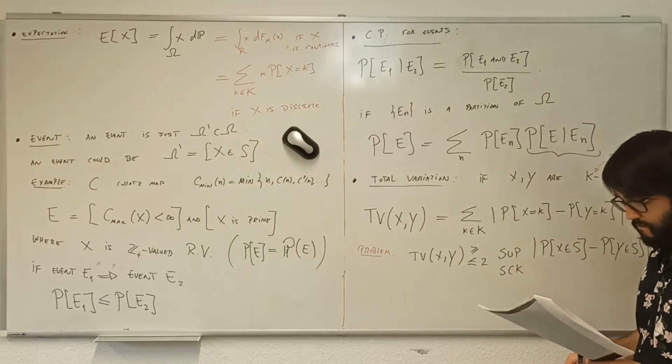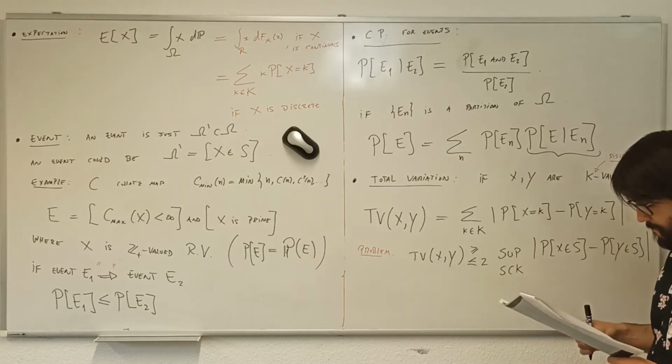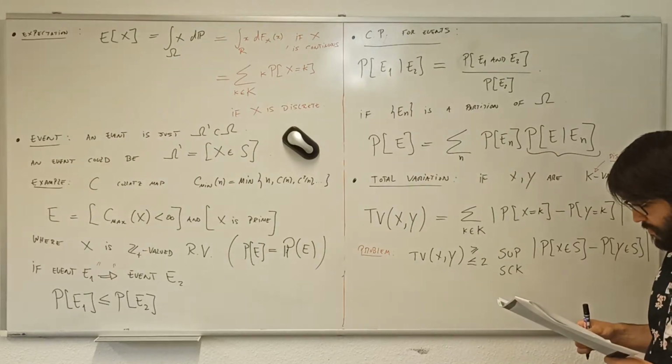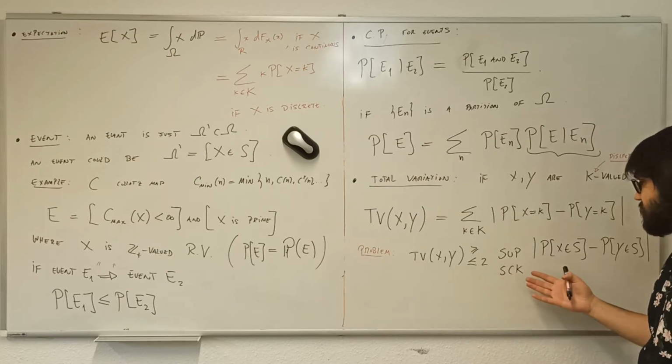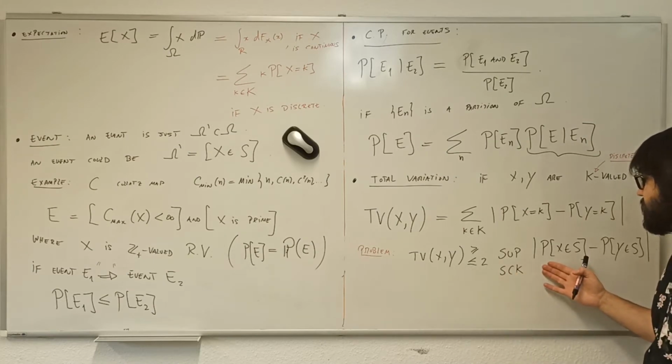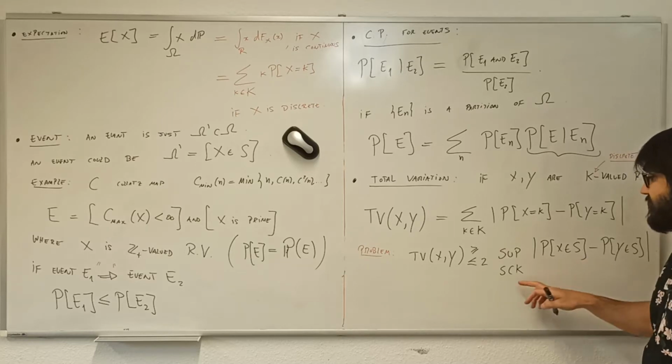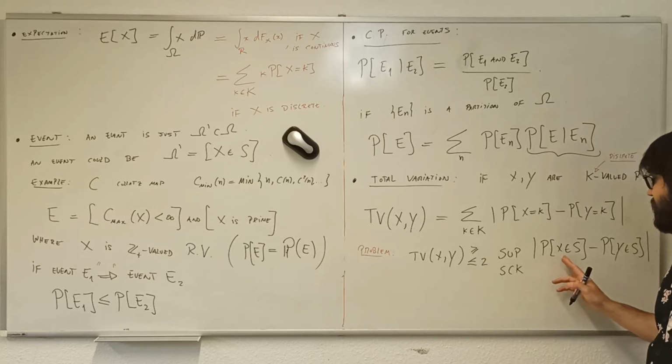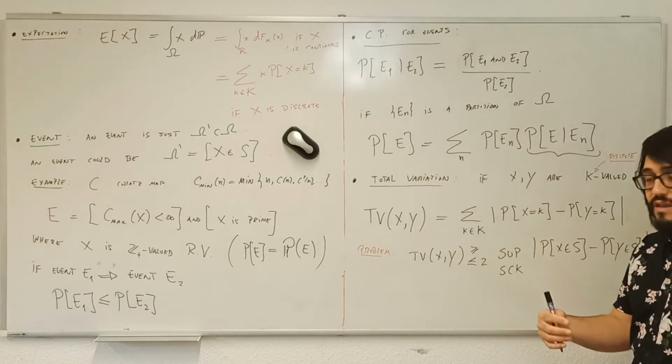So what you're saying is that the total variation is comparable to the difference in probability on the set where these random variables most disagree.